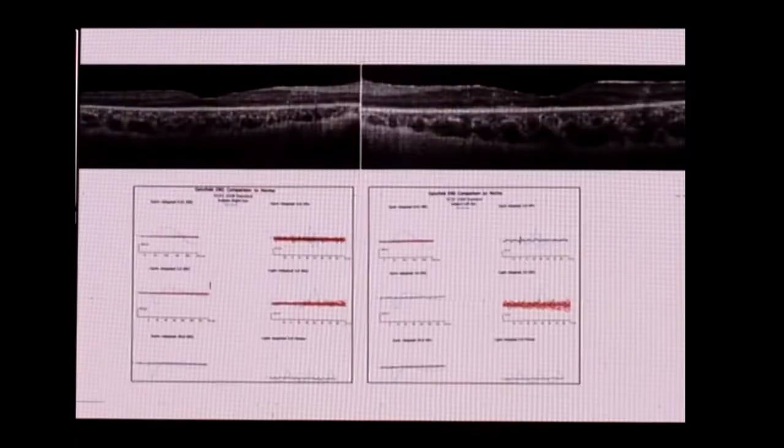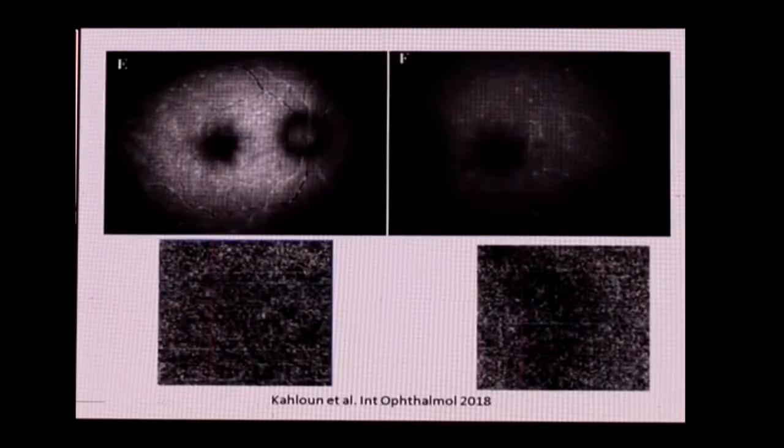The retina is thinned down, and the responses on the electroretinogram are very poor. Now, this is one of the similar reports described by Kalun et al., where they have this very mottled autofluorescence, multifocal hypofluorescent lesions along the veins and complete hypofluorescence of the arteries as well.